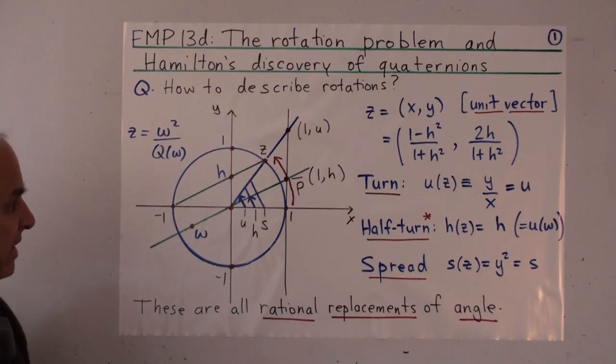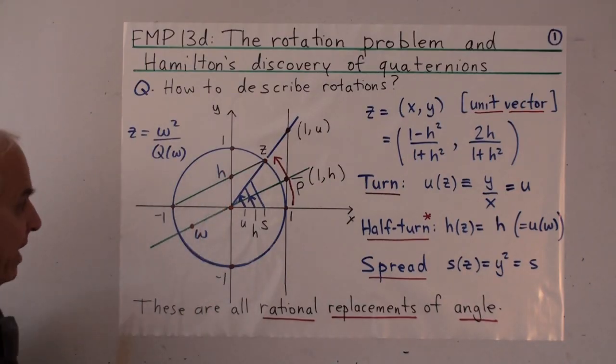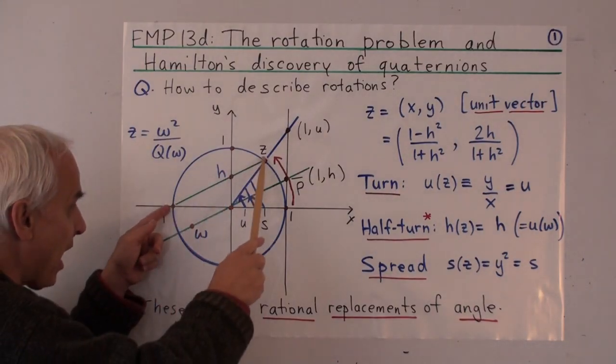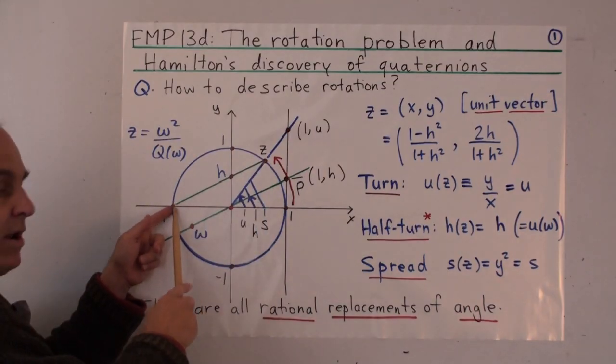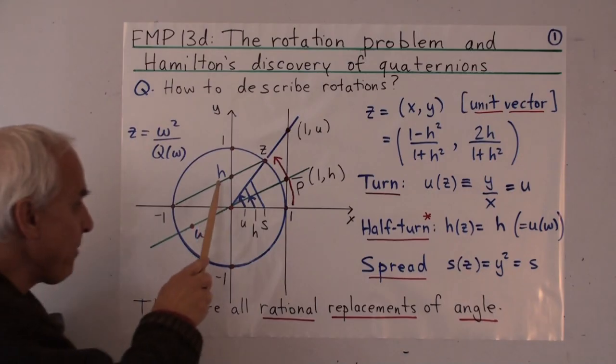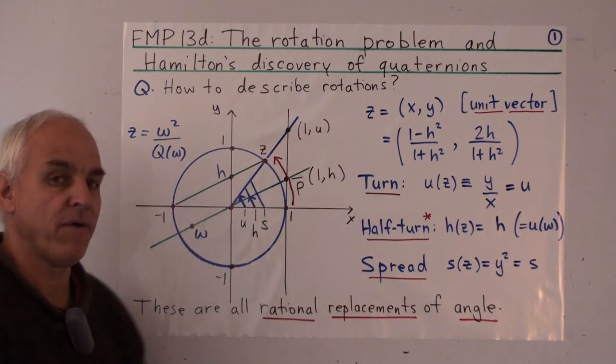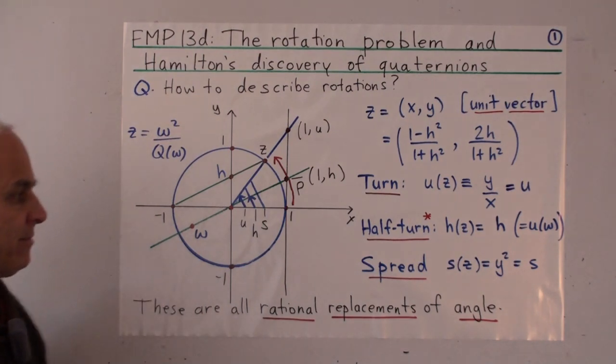The meaning of that number h is that it's the y coordinate of the point that you get by intersecting the line from z to minus 1 with the y-axis. This number h is going to be called the half turn of the number z.